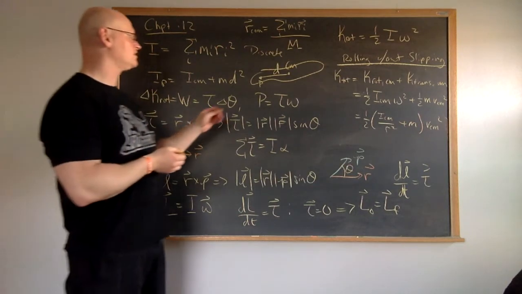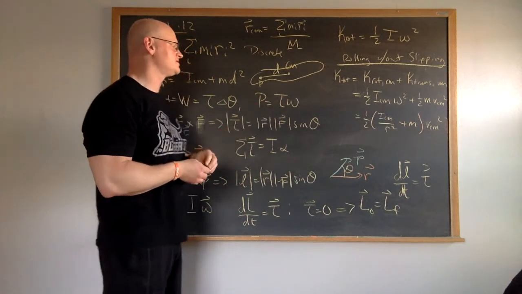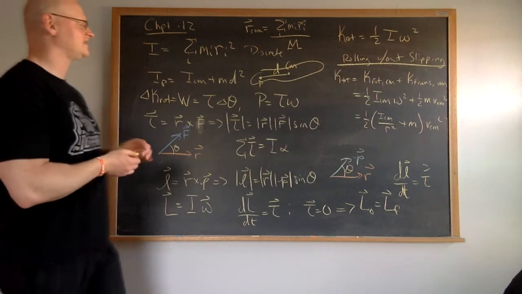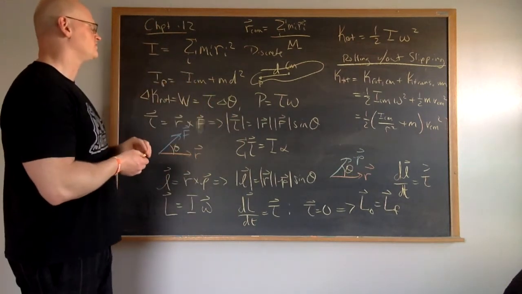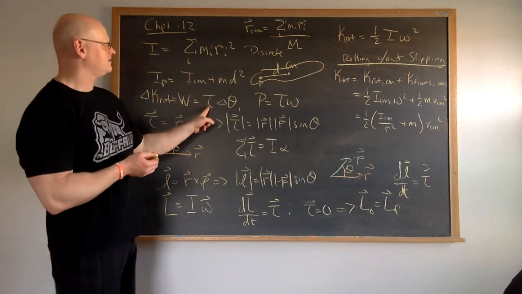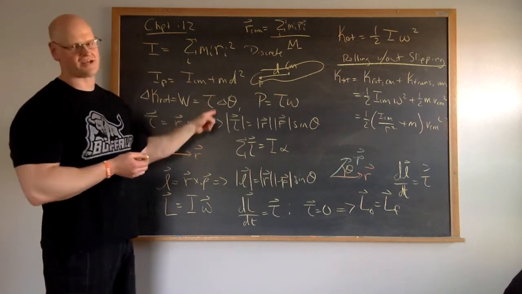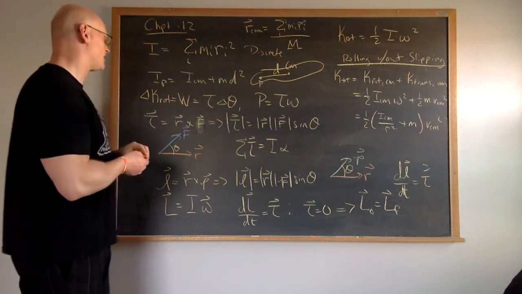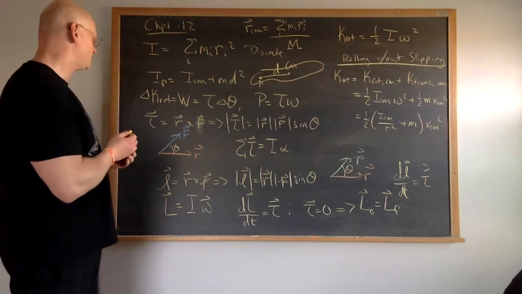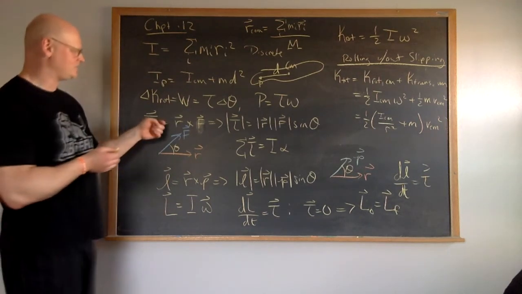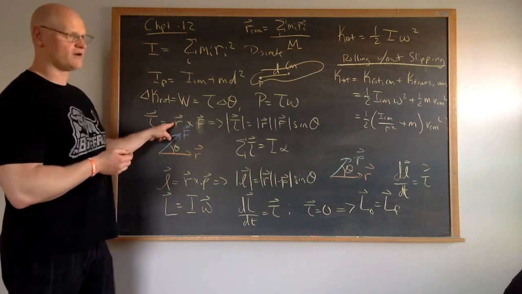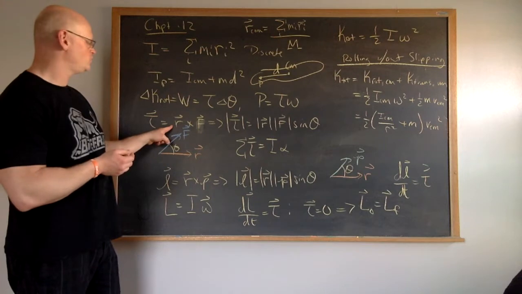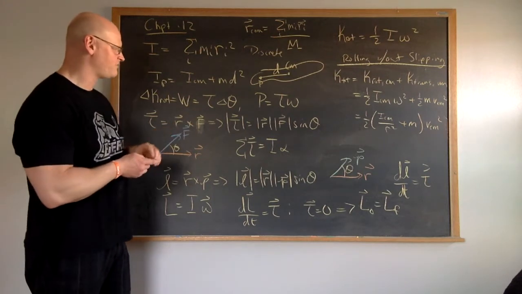And then the power is then equal to the torque times the angular velocity, and this is true for the average torque as well as the instantaneous torque, or instantaneous power. Again, if this is not constant, you would actually have to integrate, but again, we're not doing integrals, so I'm not going to bother writing that down. Torque, remind you, is equal to the cross product between the r vector, which points from the pivot point to the location of the force, crossed by the force.